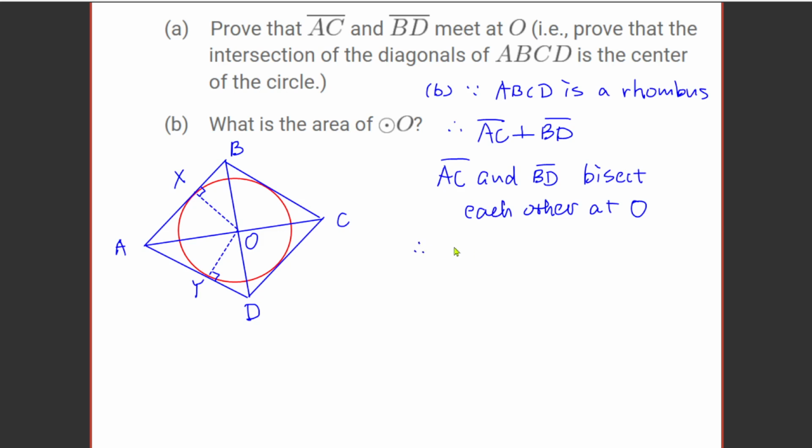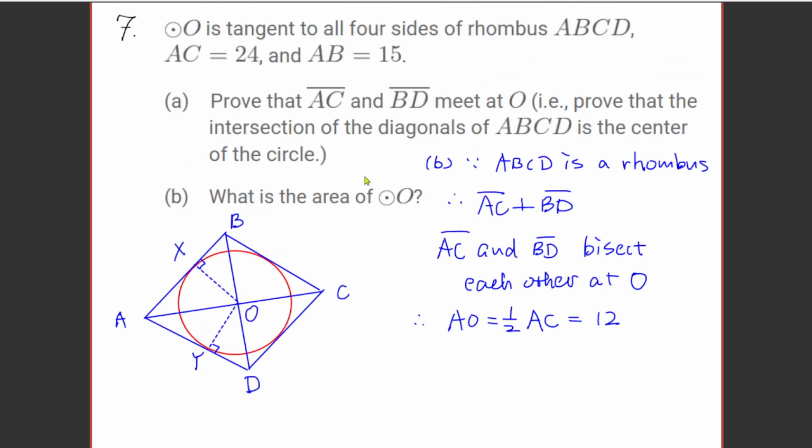Therefore, we know AO equals half of AC, which is 12. And from the right triangle ABO, we have OB equals 9. AO equals 12. AB equals 15.